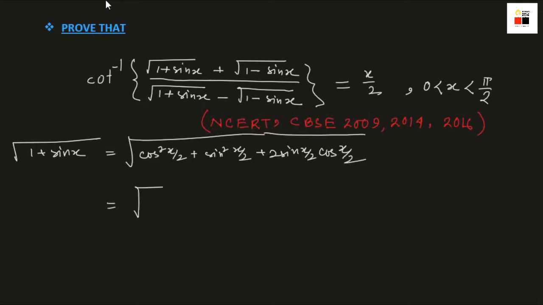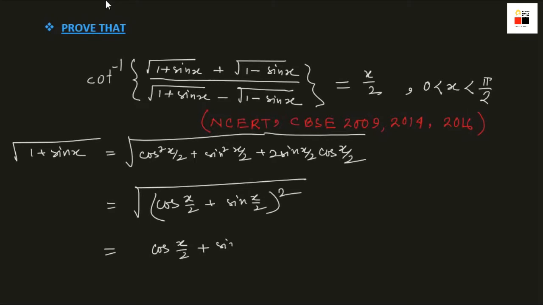This is equal to under root of cos x by 2 plus sin x by 2 whole square, which is cos x by 2 plus sin x by 2.